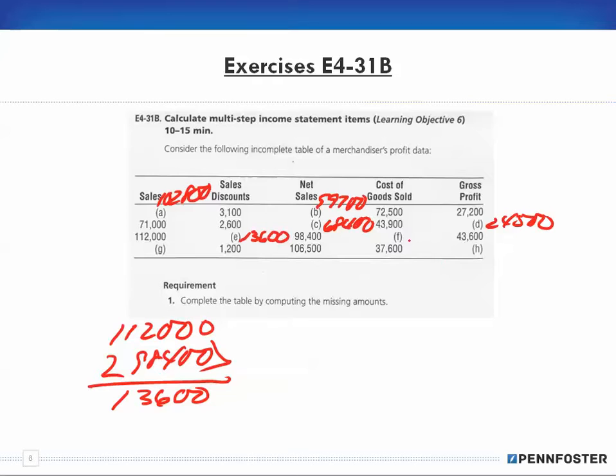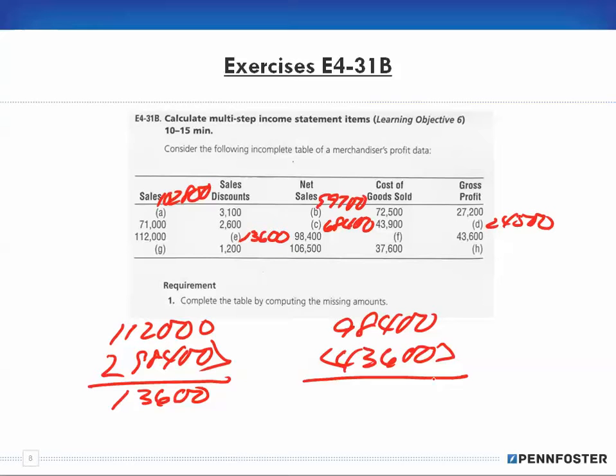And then I have to do the same thing over here in order to get the cost of goods sold. I have net sales of 98,400, and if I subtract out my gross profit of 43,600, I end up with my cost of goods sold, which is 54,800.